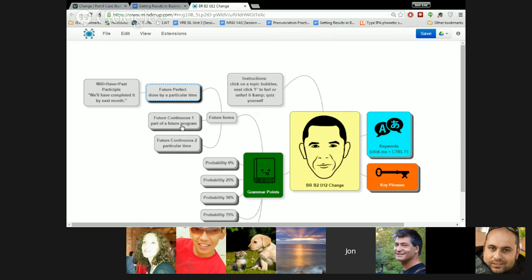One is part of a future program, when you're describing part of something that's been scheduled in the future. The other is a particular time, something taking place, or going on, at a particular time. Maybe that's a better way to say it.